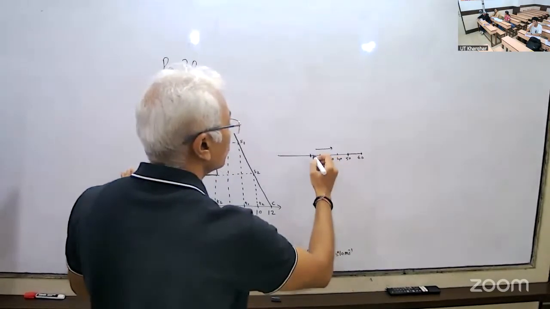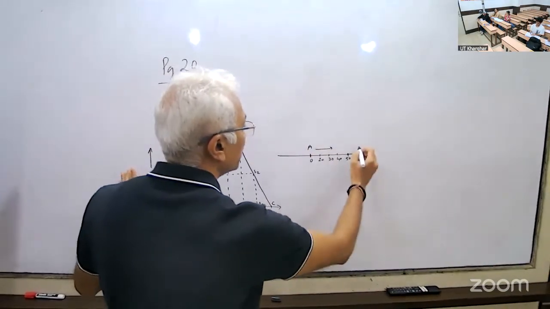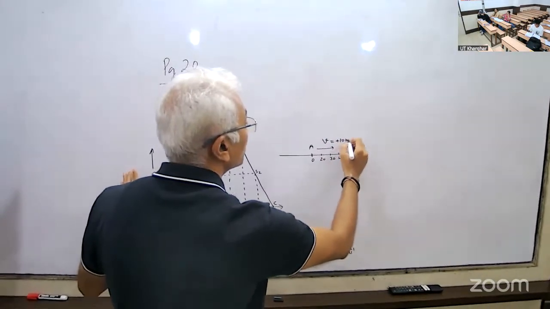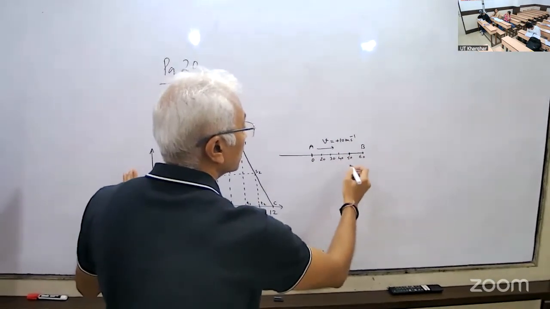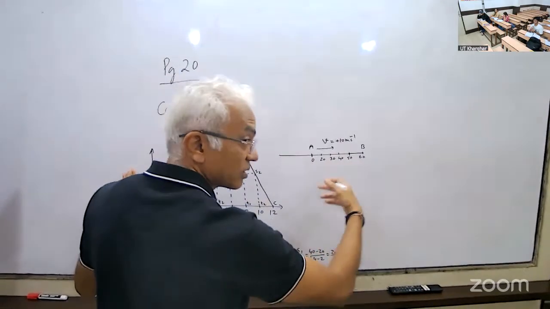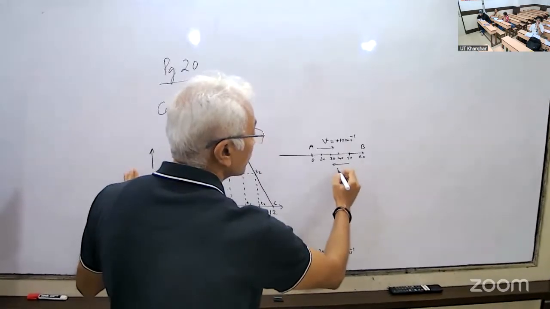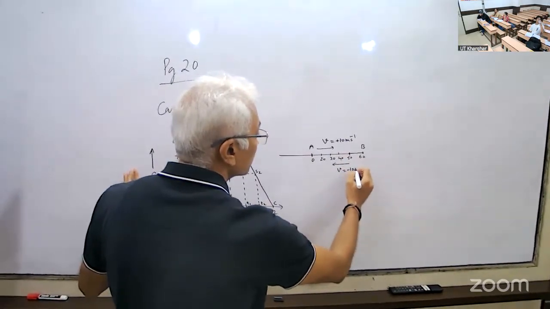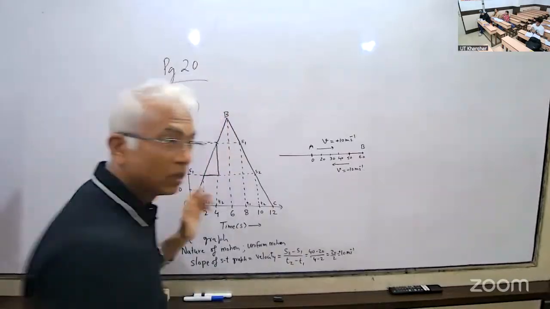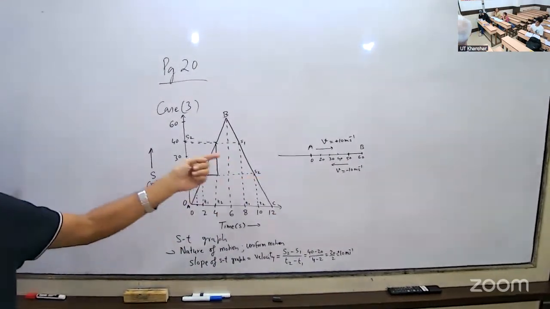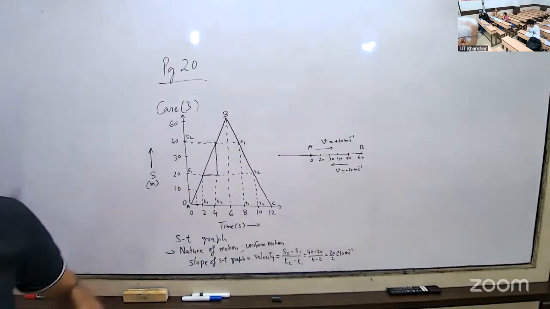So this is A to B. A to B motion has v equal to plus 10 meter per second. And how much time did it take? 6 seconds. Then it is returning to A with v equal to minus 10 meter per second. Understood? The motion is on the straight line only, but away and towards.